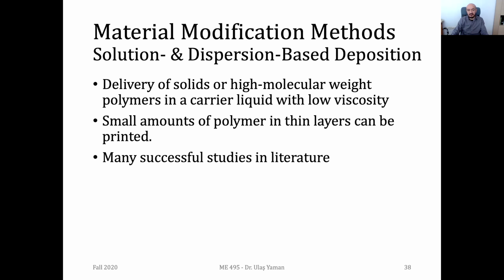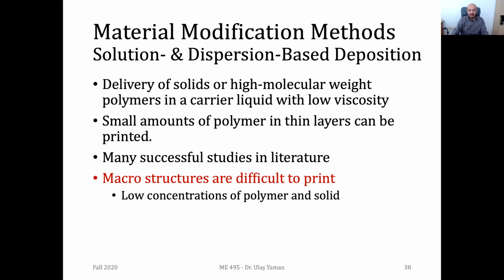But the thing is that you need to do some post-processing again. You can use this method for very small products, but for macro structures, it's quite difficult. You cannot have larger prints. In the macro structure case, we need to have a low concentration of the polymer in the solid.